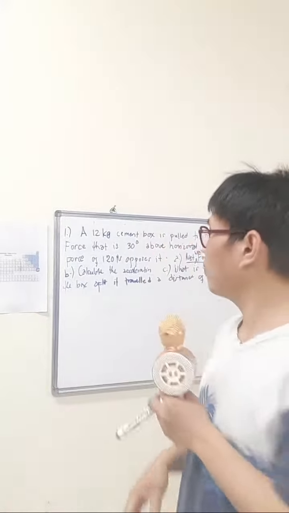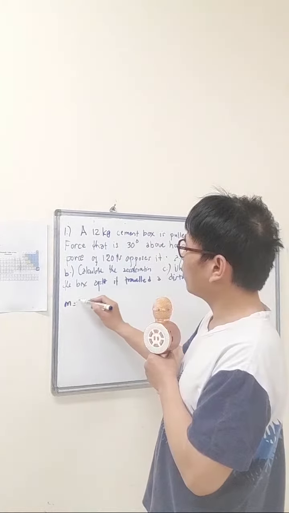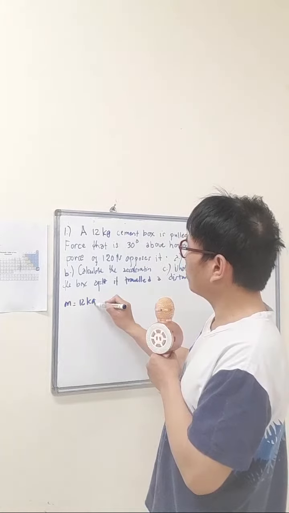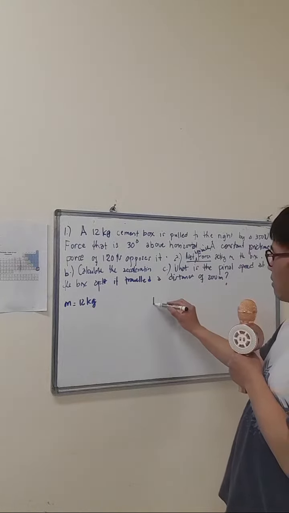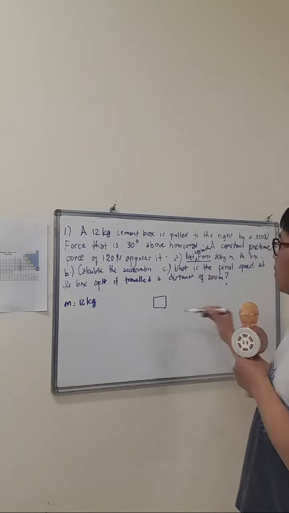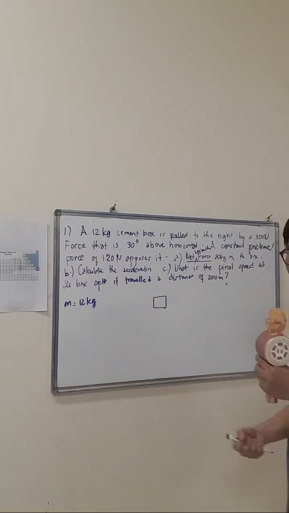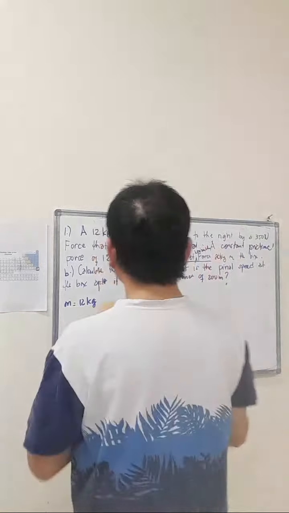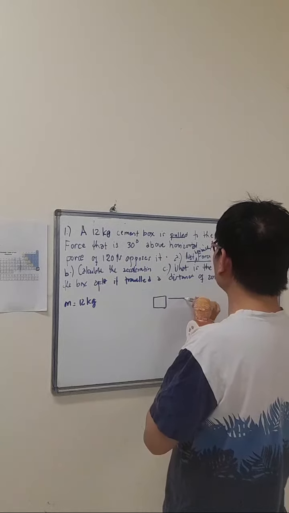Like that. So in the given, mass 12 kilograms of the cement bags, and it's pulled to the right. I will illustrate. So this is the cement bags, and then it has been pulled, meaning pulled, not push. So here the direction will be pulled to the right, and the right is here, so like this.